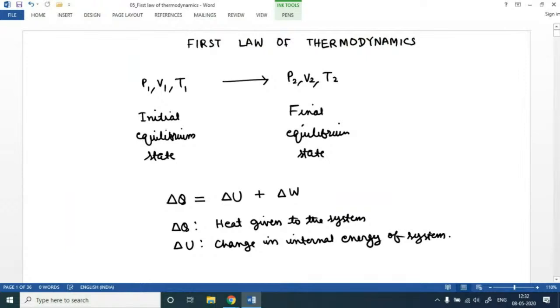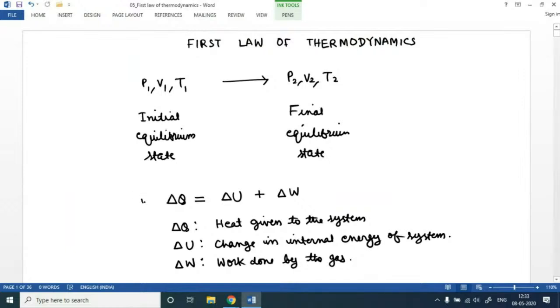We discussed internal energy in kinetic theory of gases, and we will be using the same definition here as well. And this delta W, according to the sign convention we use in physics, is the work done by the gas. Please notice, that is different from what you use in chemistry.